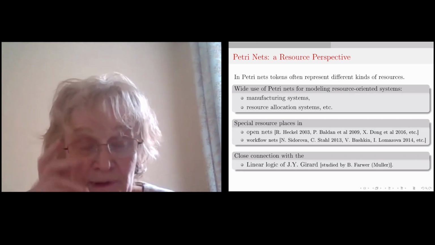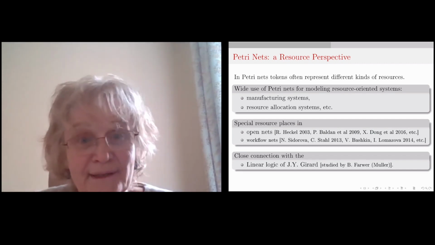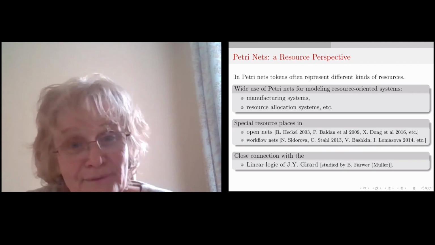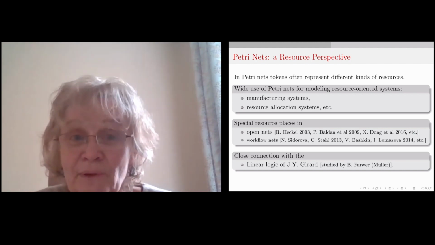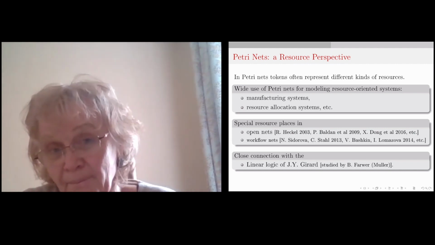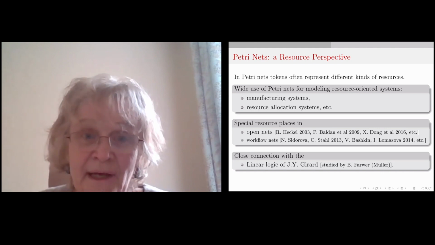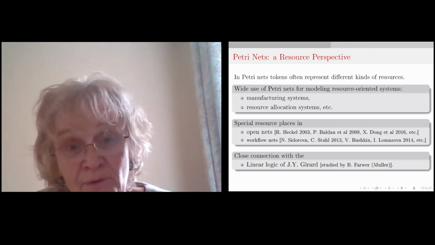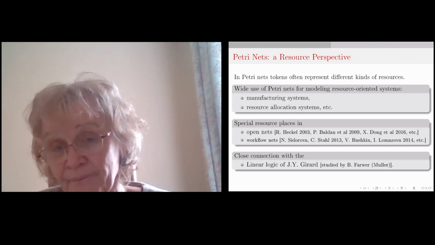And for that, we'll have another way of looking at Petri nets. We'll call it the resource perspective. When we look at Petri nets, tokens residing in places can be considered as resources which are consumed or produced by transition firings.